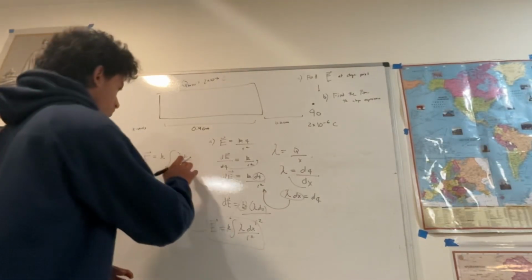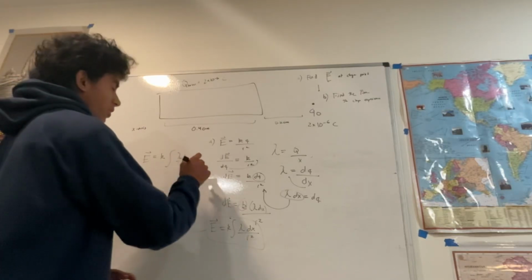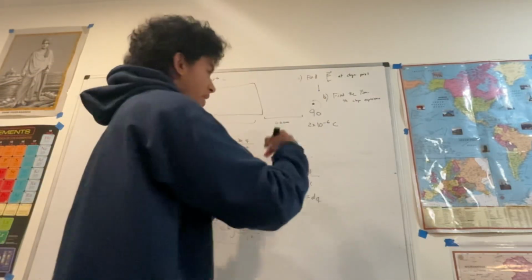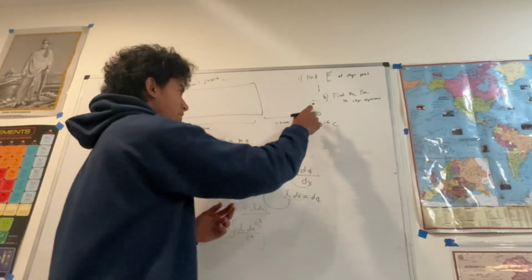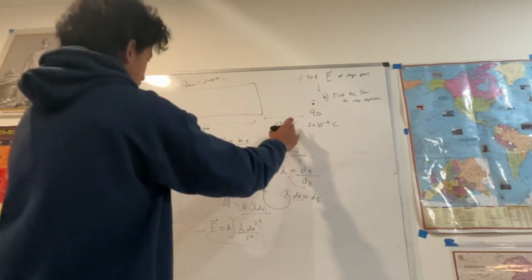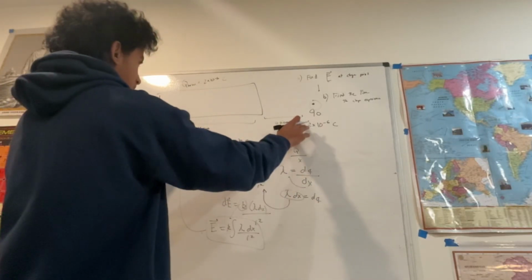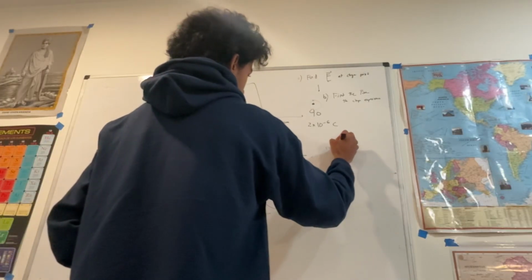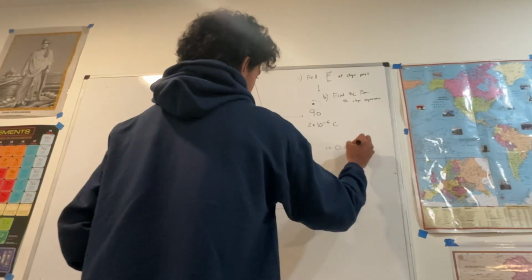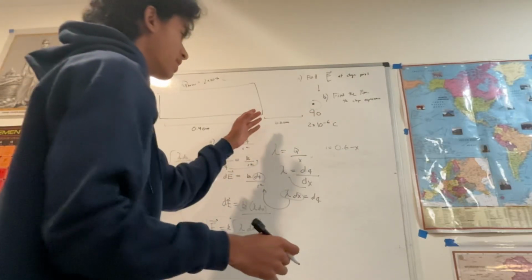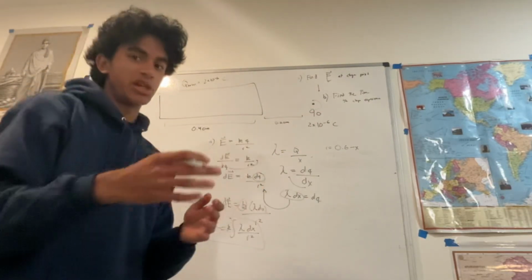Okay, so in this case, what's r, right? So we have to find the electric field at this point. That means our r is going to be in terms from this initial point. So if this entire thing is 0.6 meters, r will be equal to 0.6 minus x, because anything to the left of this is going to be subtracting a change in x.